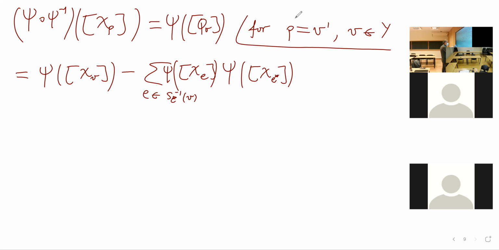Now the first step is easy because we know where V is. And since V is in Y, psi just doubles it. Remember the formula I just wrote. So this will be chi V plus chi V prime.